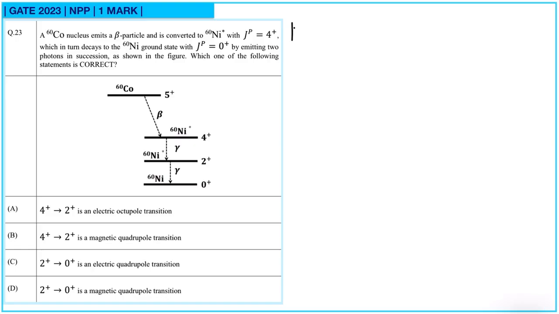First of all, if parity changes, and the change in delta L is 1, then it is an odd transition. So if parity changes, then the transitions are E1, M2, then we have E3, M4 and so on.